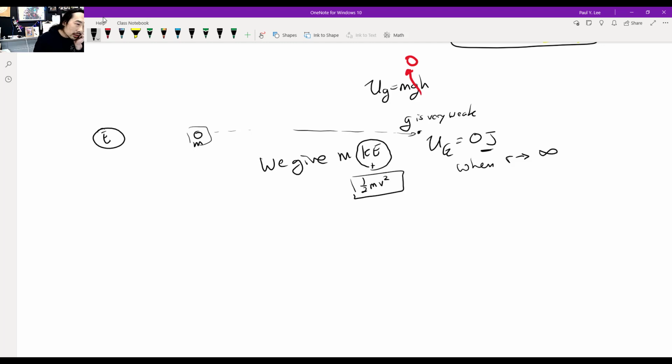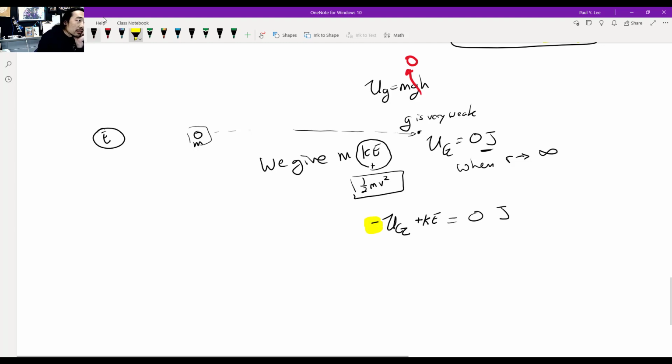So now let's think about it. All the way out here, we have 0 joules, but we're giving this moon positive kinetic energy. So the only way that we can reach 0 by adding something positive is if we start off with negative potential energy. And that, my friend, is where the negative comes from.